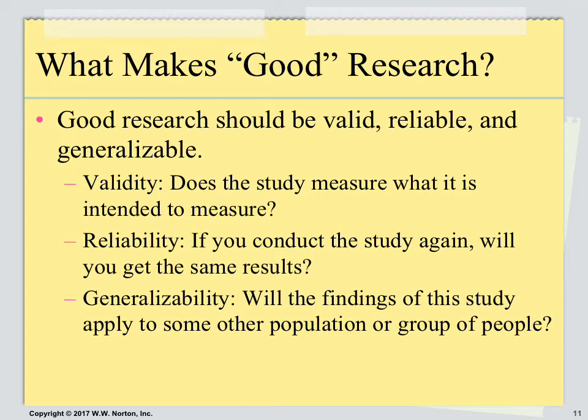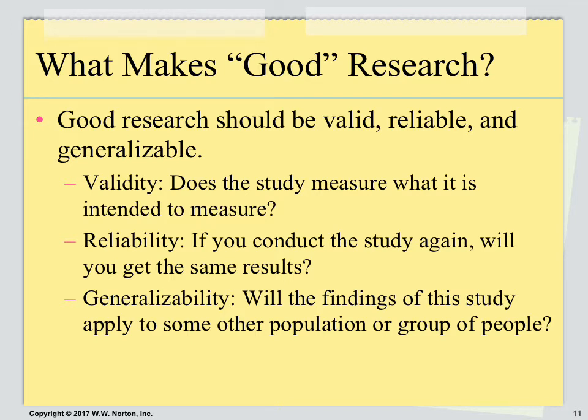So what makes for good research? Research should be what's called valid, reliable, and generalizable. Let's talk about what some of these terms mean. Validity really means, does the study really measure what it's intended to measure? You've heard of the term valid before.